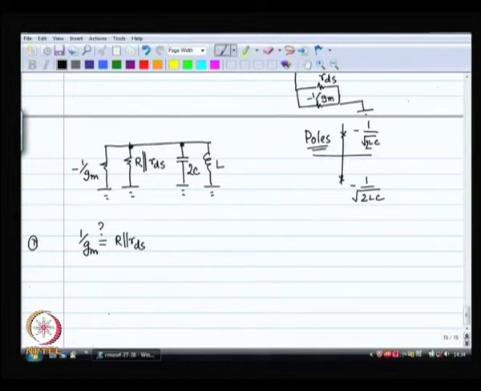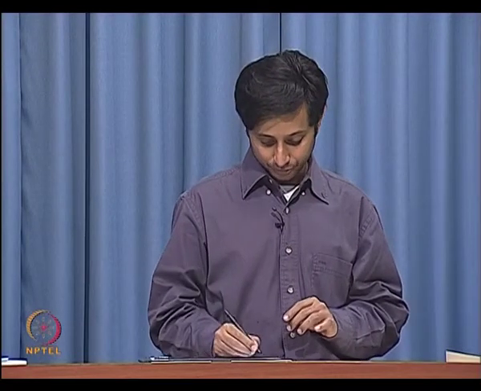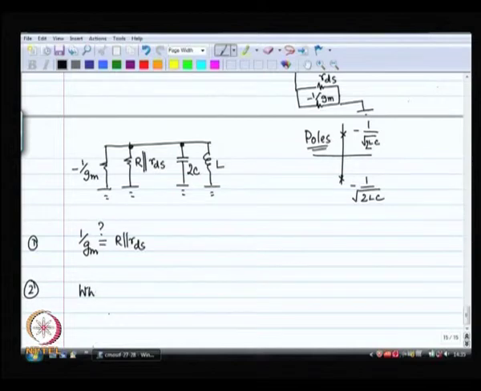Problem 2 is, when the poles are on the j omega axis, fine, the system oscillates at a frequency of minus 1 by square root of 2 LC. What is the amplitude of this oscillation? Is there anything that is telling me what is the amplitude going to be?